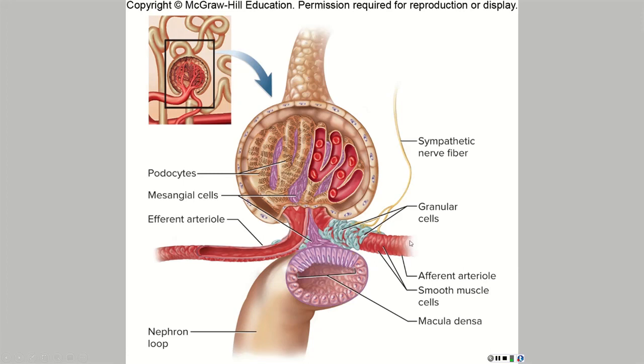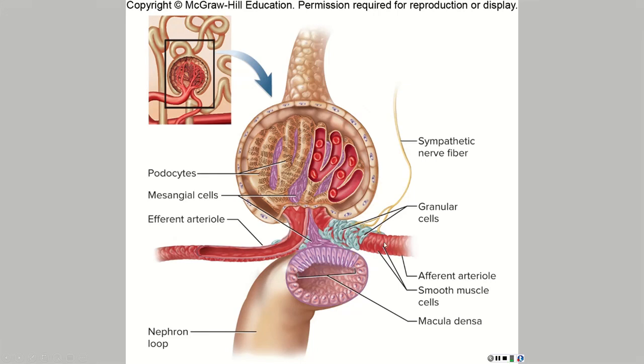Also, here's the afferent arteriole, and it's wrapped with some special type of cells called granular cells. Now, granular cells are all over the body, so we're going to be a little bit more specific. We're going to call these juxtaglomerular cells, or abbreviated JG cells. JG cells wrap around the afferent arteriole.